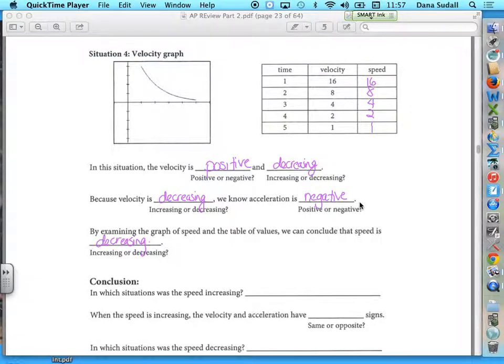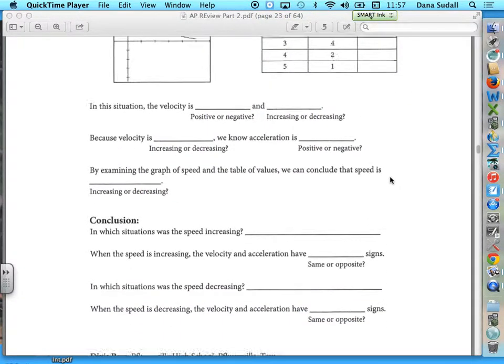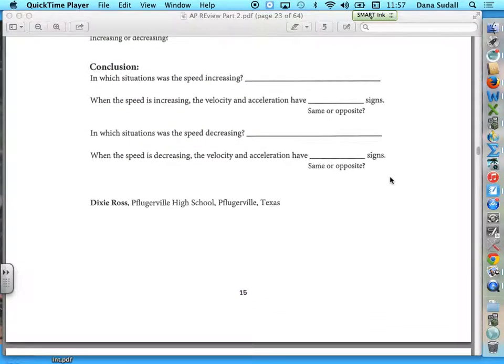So now this conclusion wraps all of this up in the relationship between speed, velocity, and acceleration. If you look back at the situations that we had, when v and a, so when the velocity and the acceleration were both positive, the speed was increasing.